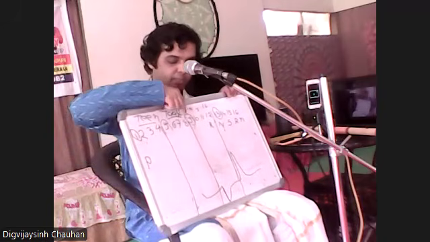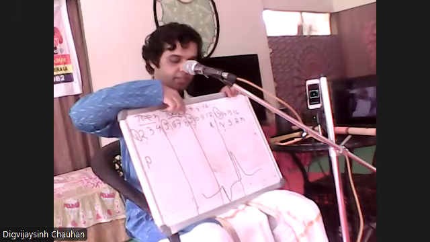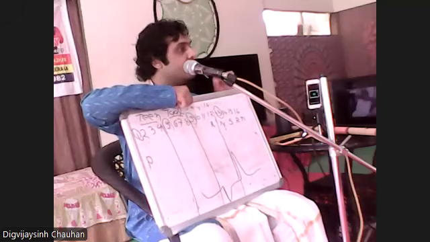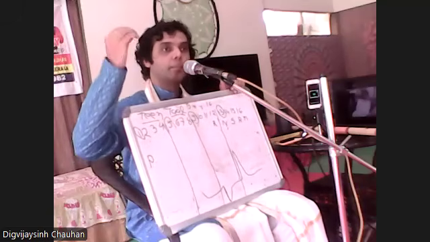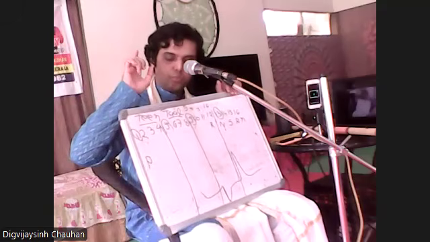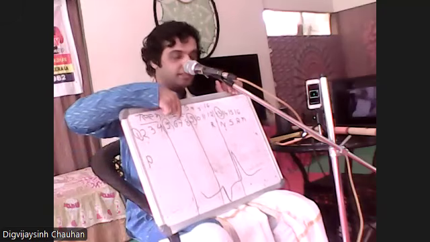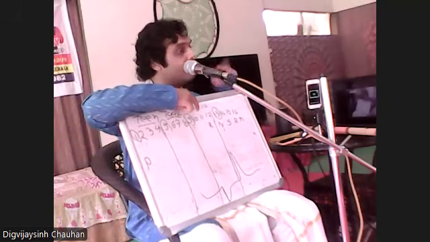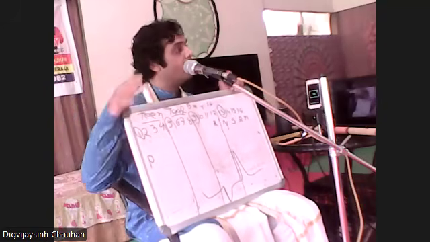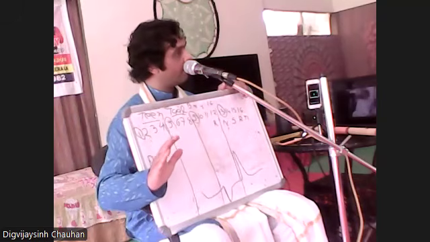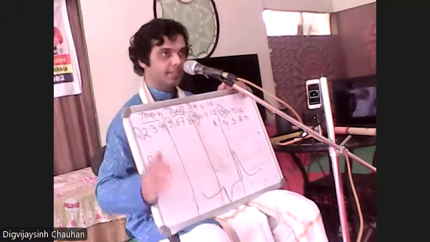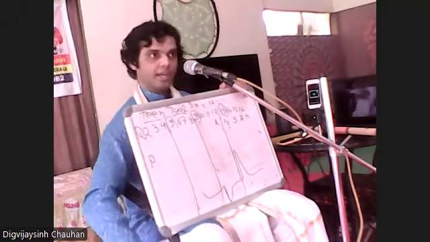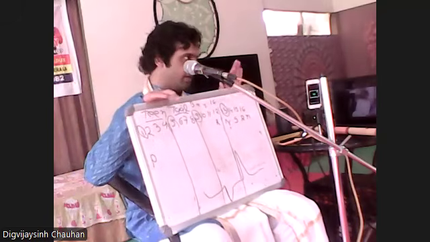From here, sing the bol. Da, din, din, da, da, tin, tin, re, mi, sa, re, ma, pa. Da, din, din, da, da, re, mi, sa, re, ma.